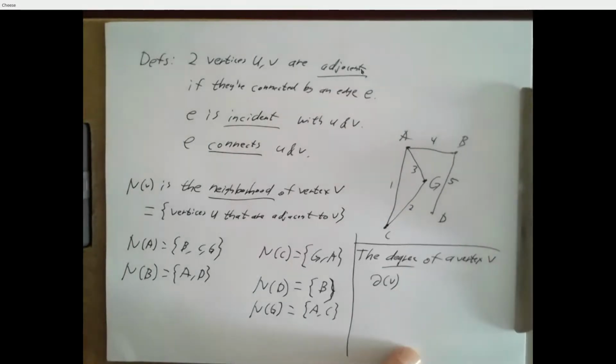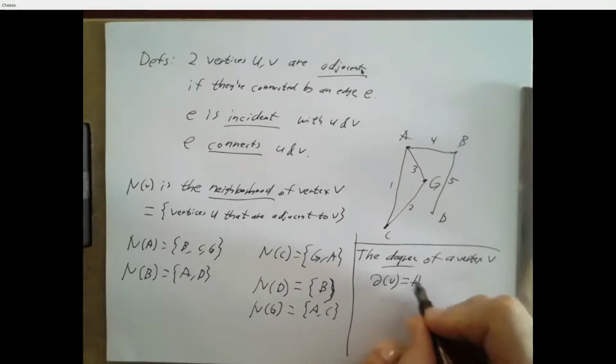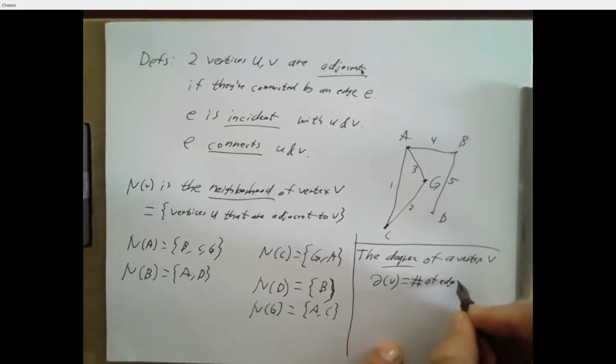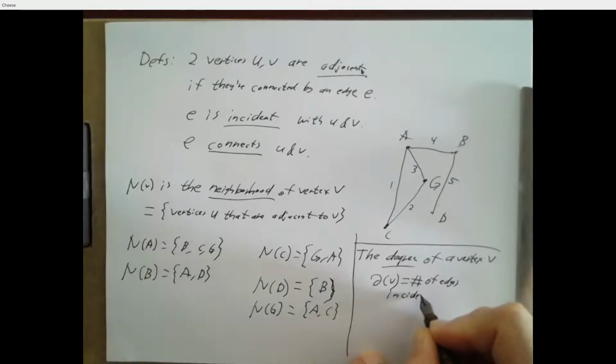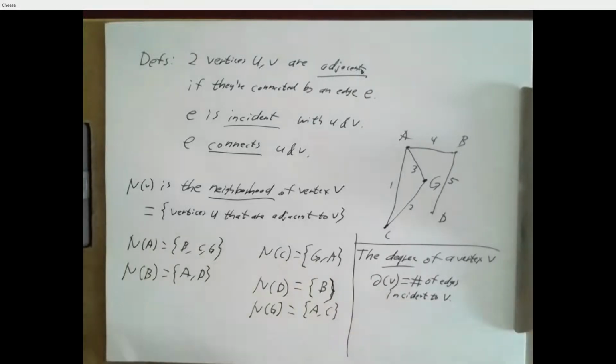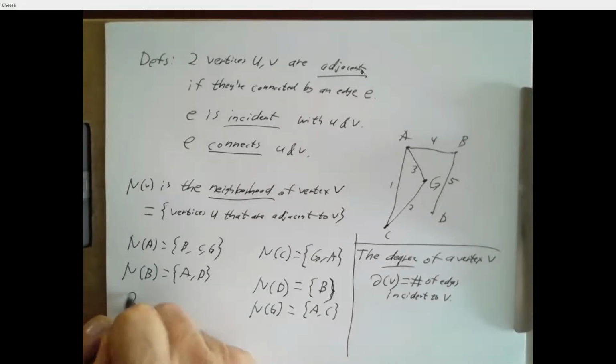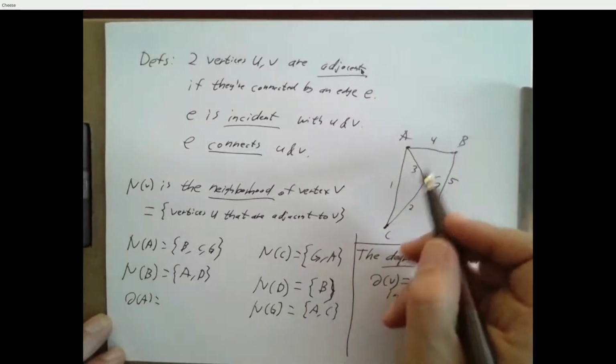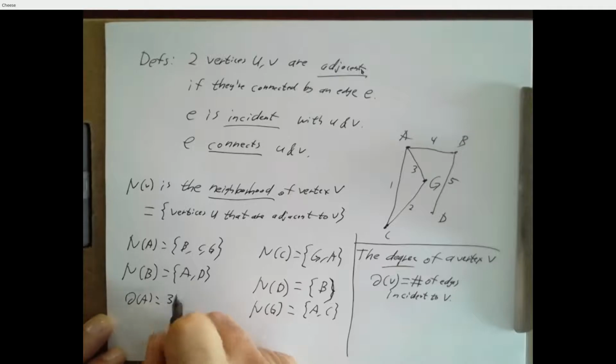So degree of V is the number of edges incident to V. So the degree of A is the number of edges incident to it, so it looks like edges 1, 3, and 4 are incident. So that's 3. The degree of B is going to be 2, and so on.